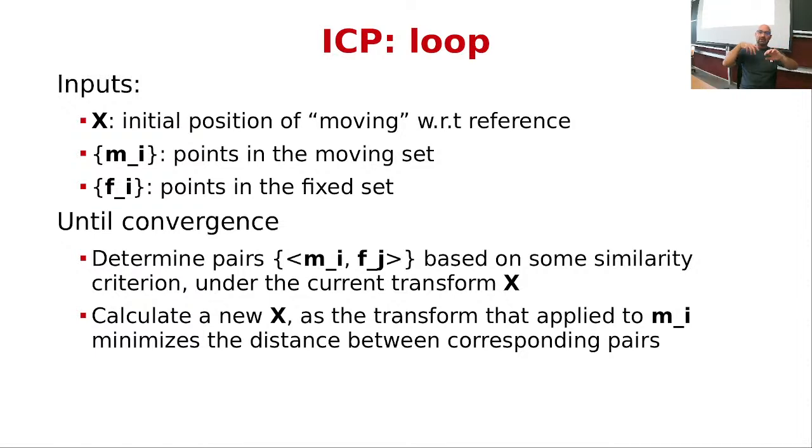So you interleave a phase where you determine the correspondences, you run the optimization, you get the transform, you apply the transform, you look for correspondences again, until you are stuck in a minimum, so to say. If you are close to the minimum, this somehow works. There are a lot of caveats.